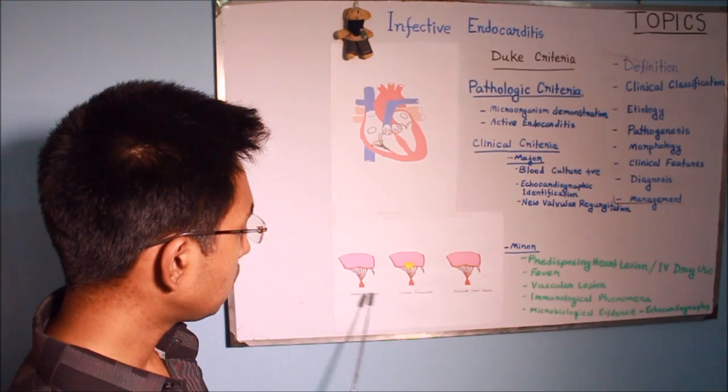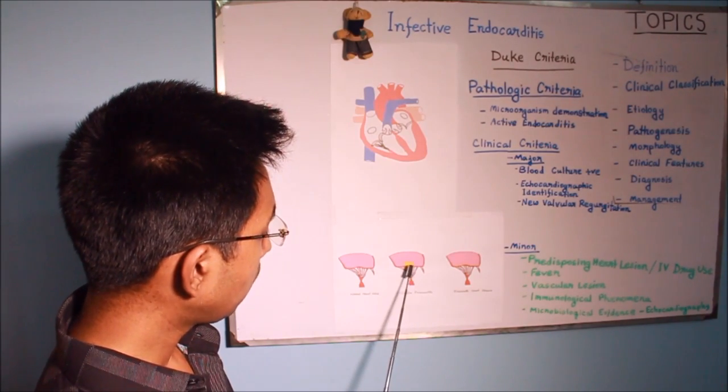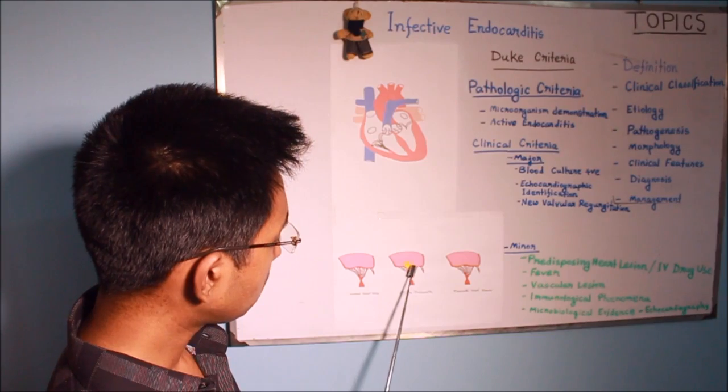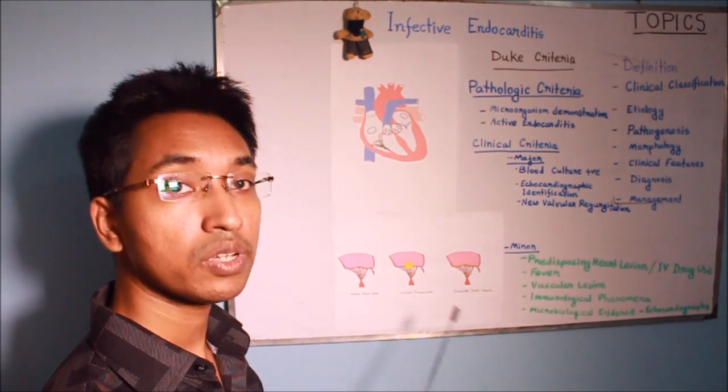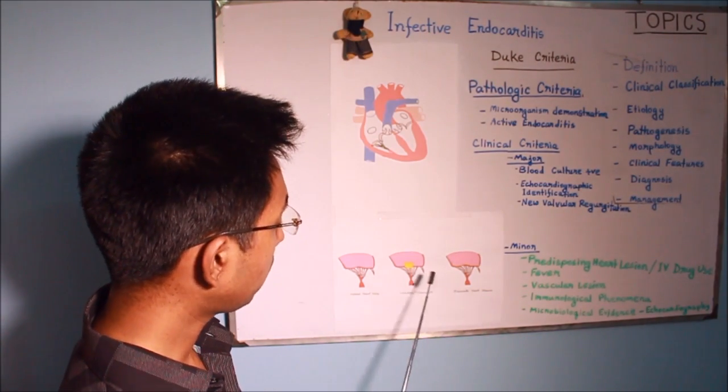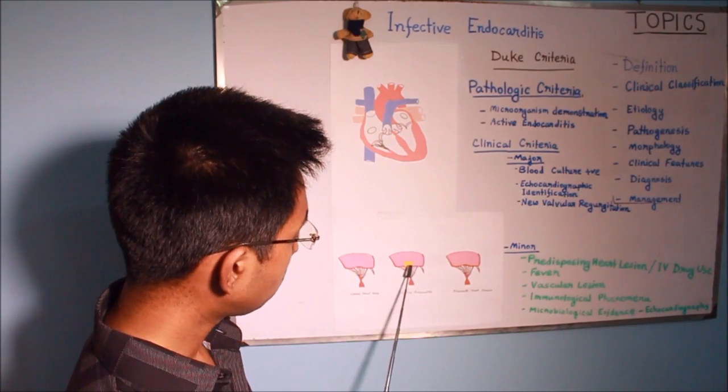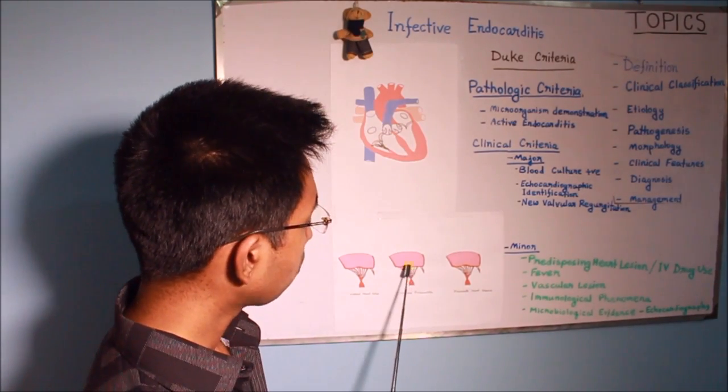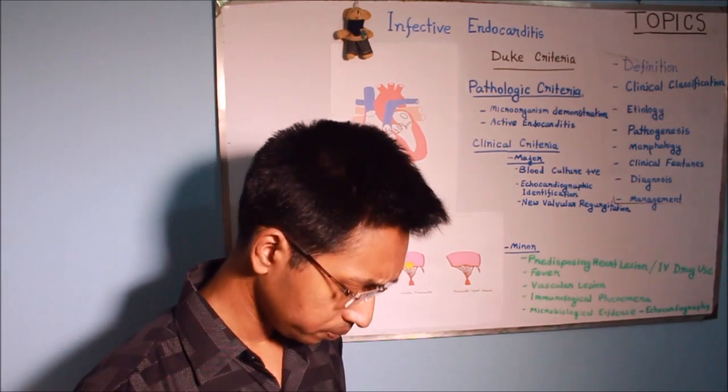And as you can see in this image, the yellow colored mass denotes the vegetation of infective endocarditis, and you can see that here it has spread or extended on the chordae tendineae as well.